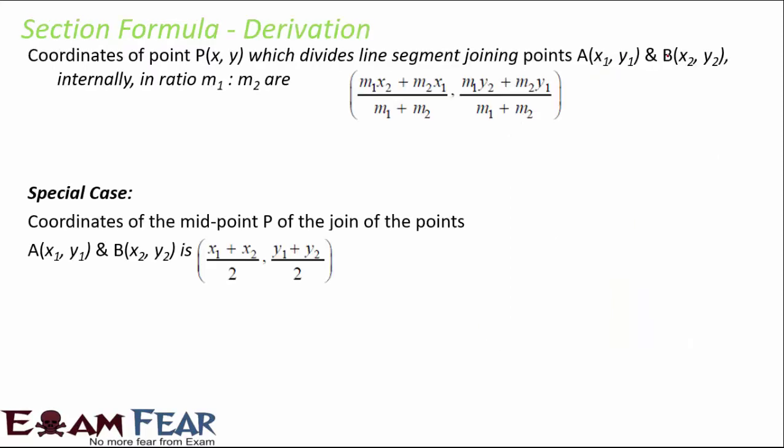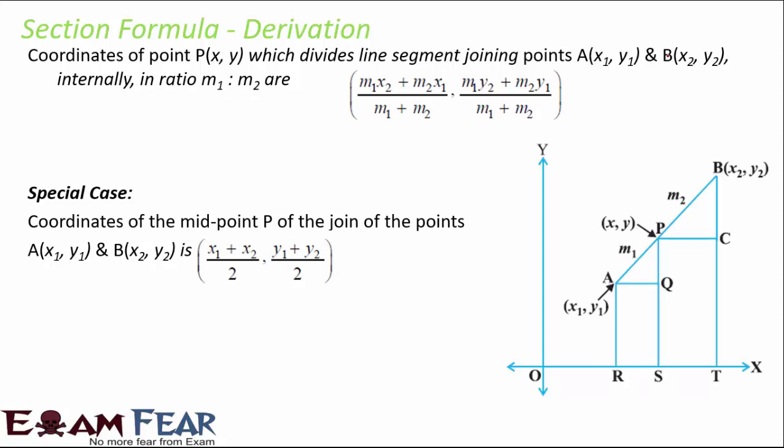Now, here we also talk about another important concept, the section formula. So what is the section formula? It tells us the coordinates of a point P which divides a line segment. For example, here you have a line segment AB, and a point P which divides this line segment internally in the ratio of m1 is to m2.